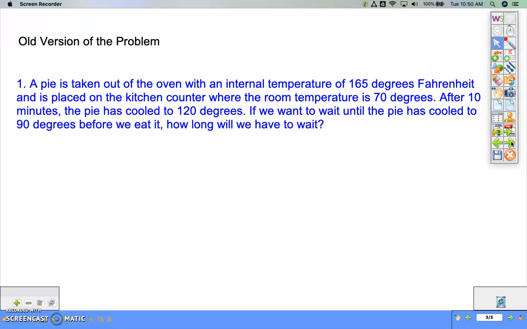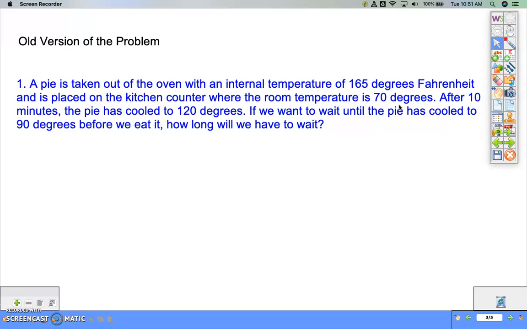So usually I let the students drive our work, and they tend to want to throw our 165 degrees in as the y-intercept, as the initial value in front of our exponential base e, and then we work through it, and they usually forget completely about the room temperature being 70 degrees. They set up the problem and work through it, and they get something.